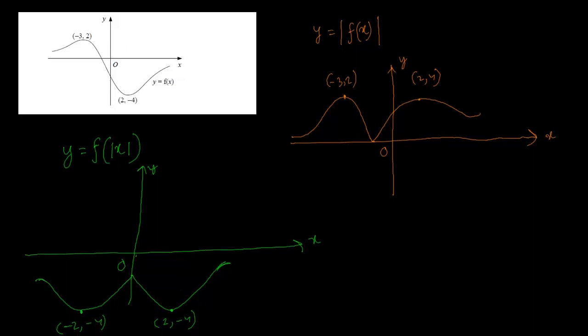Let's do another example. So here we have this f(x). So y equals the absolute value of f(x). If you notice this, the entire picture is above the x-axis. That means we don't have to do anything. The absolute value of f(x) and y equals f(x) are going to have the same picture because there's no negative y.